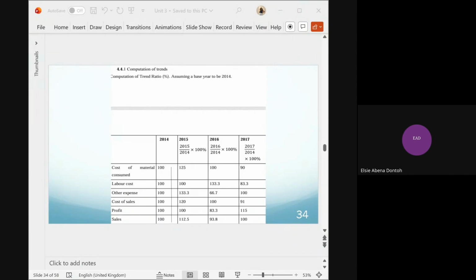Sales, for instance, increased in 2015 compared to the base year, but in 2016 it decreased to 93.8, and then for 2017 it was 100%.